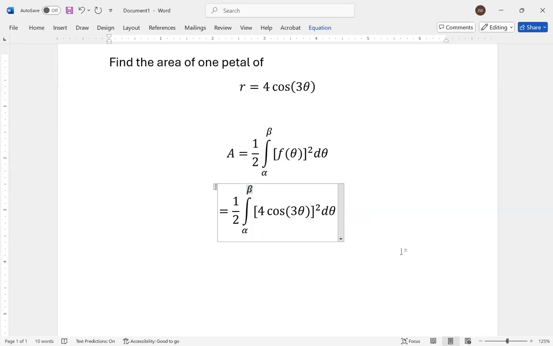I can show that in another video. Or you can find it on Desmos. Let me just find these bounds on Desmos to show you kind of how I do it in general. But if you don't have access to Desmos, you can always use your TI-84, and I'll show you how to find the alpha and beta there as well.